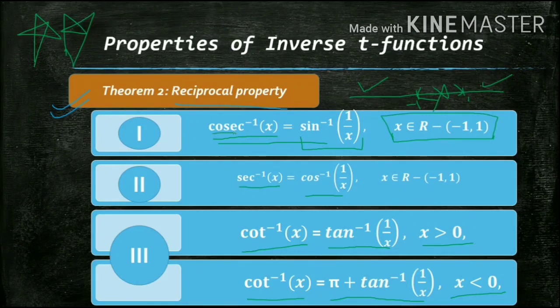So here cosec would convert in sec, but how? Cosec inverse x would be sine inverse of 1 by x, not 1 upon sine. Similarly, sec inverse x is cos inverse of 1 by x, and cot inverse x would convert to tan depending on the value of x. If it is positive, it's tan inverse of 1 by x. If it is negative, it's pi plus tan inverse of 1 by x.